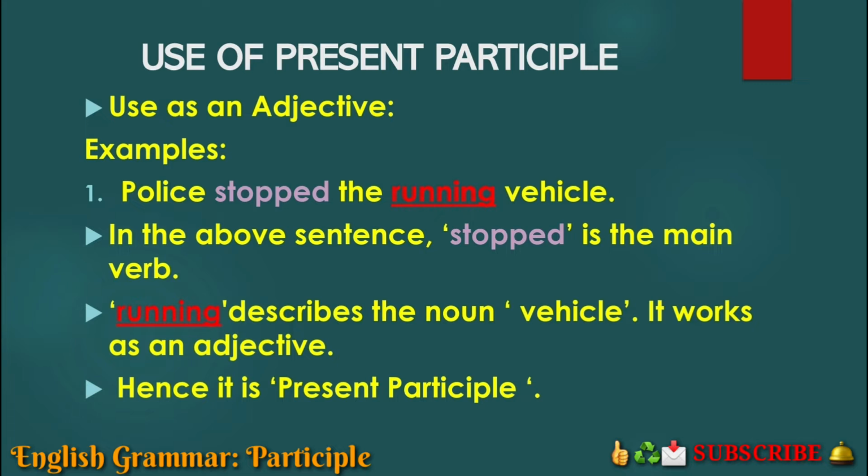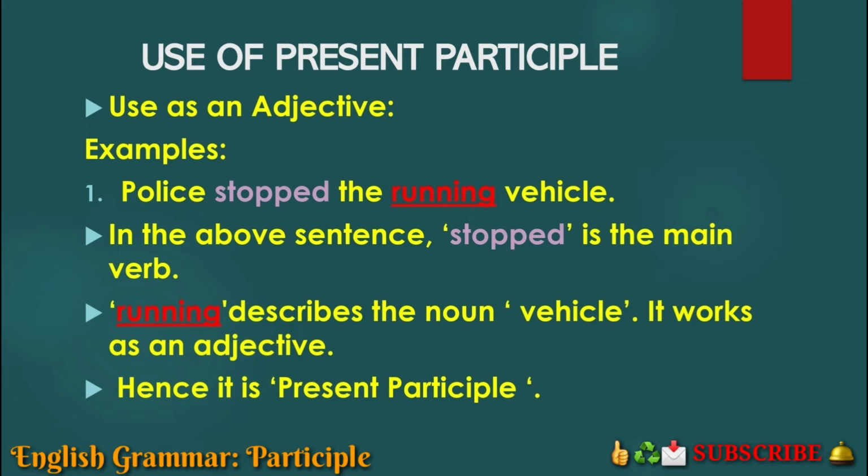Students, in the above sentence, stopped is the main verb. And running is also a verb, but running describes the noun vehicle. So it works as an adjective because it is modifying or describing a noun, that is vehicle.